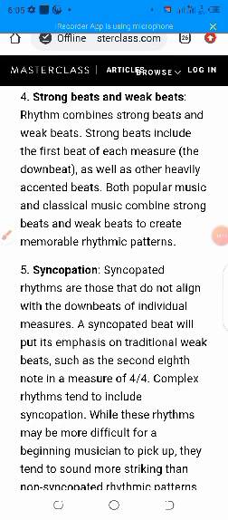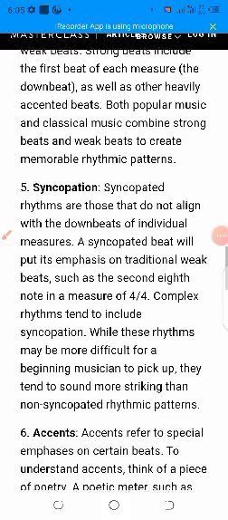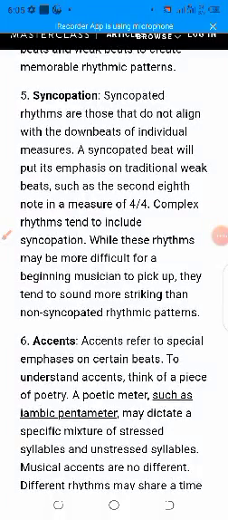Now syncopation, when you move that strong emphasis, instead of it being on the first count of your bar, you shift it to a weak beat, which may be perhaps the second note. That is what is meant by syncopation. We are not bothered about definition. When we start to sing those notes, I will tell you where you have syncopation and how it looks.